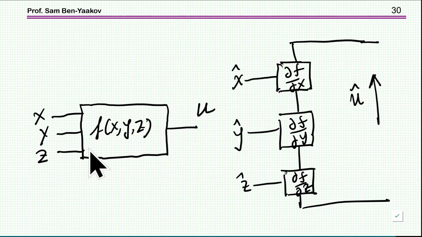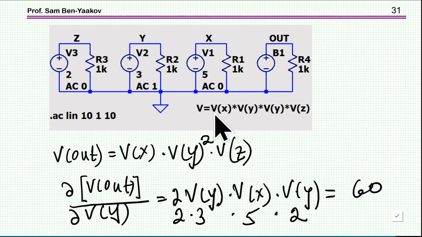This again is done by SPICE automatically. If you define in SPICE a source like this, SPICE knows how to take the partial derivative. It's doing it numerically by deltas, okay? But it is generating now a circuit, you might say, which is linear, which is the partial derivative of this.